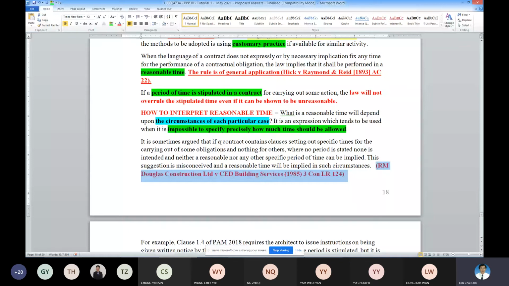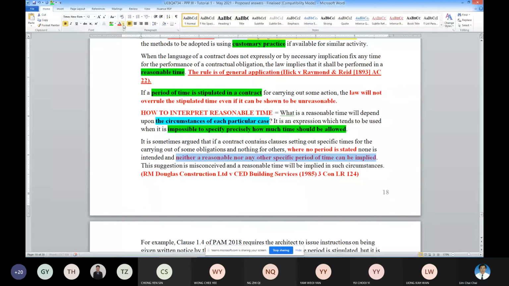Where no period is stated, what does it mean? Neither a reasonable nor any specific period can be implied. If it is expressly stated, you have to follow. If it is not expressly stated, then it can be subject to interpretation by the judge. So the judge will have to apply a reasonable time for such a situation.